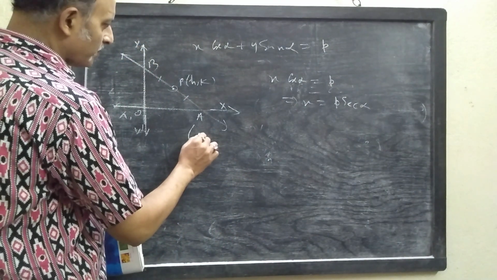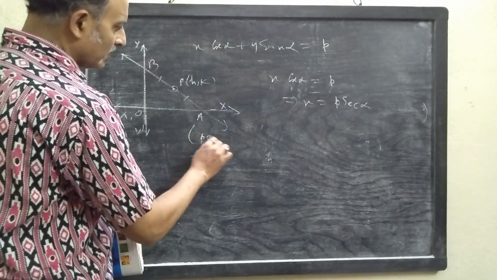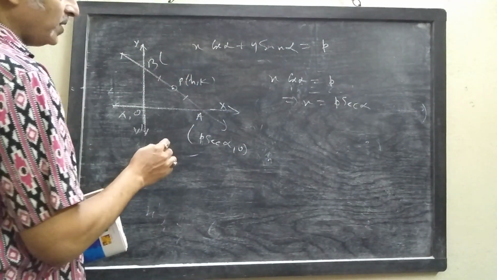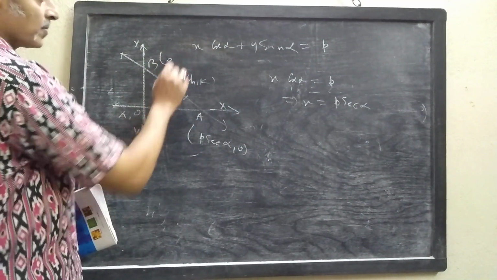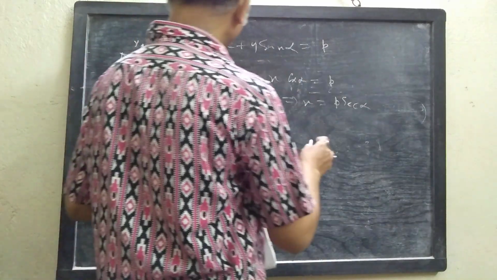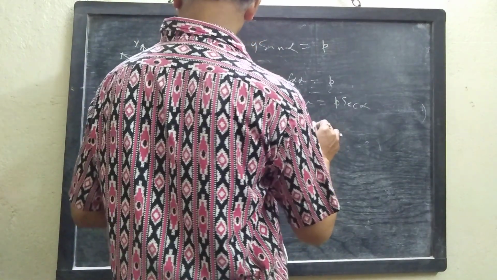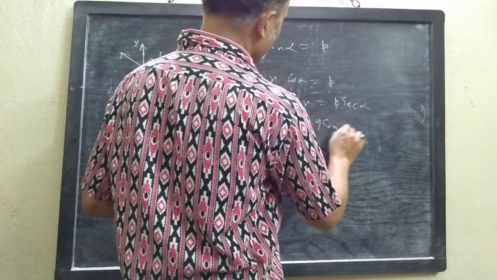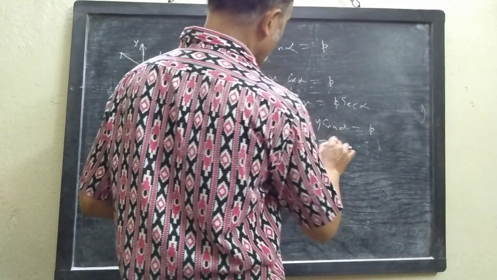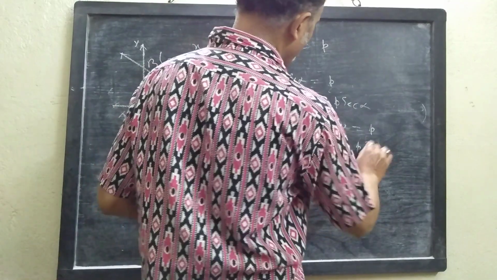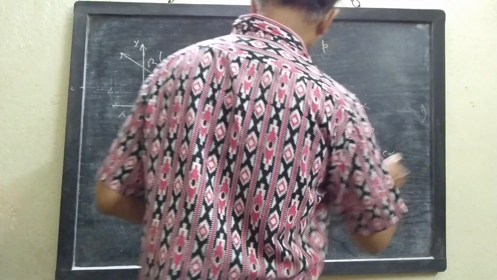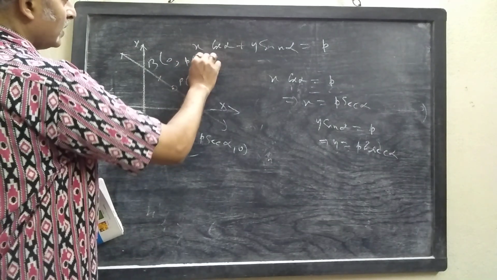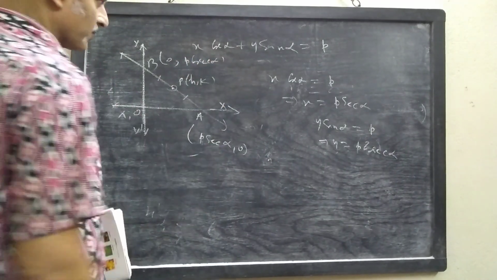So the coordinate of A will be (p sec alpha, 0), and the coordinate of B will be, for this put x equals 0 here, you get y sin alpha equals p. That implies y equals p cosec alpha. So the coordinate of B will be (0, p cosec alpha).